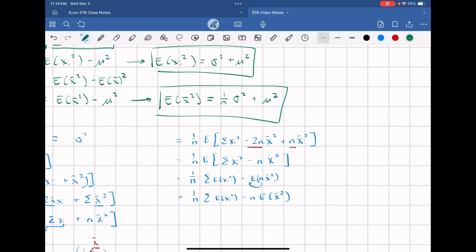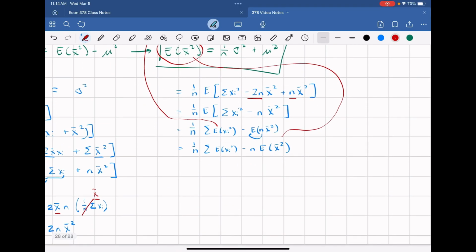Notice that we have expected value of xi squared right here. I can plug that into there, and I have expected value of x bar squared. I can plug that into there. And so let's go ahead and do that.